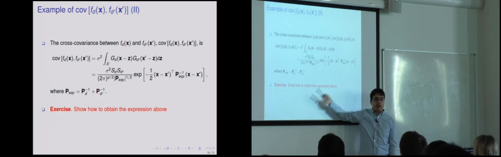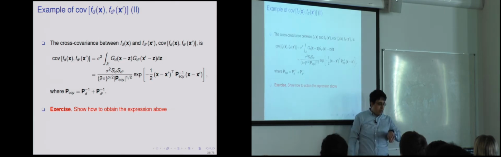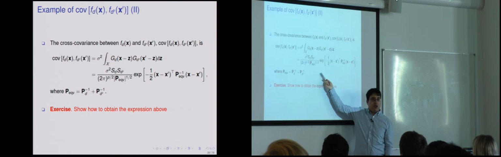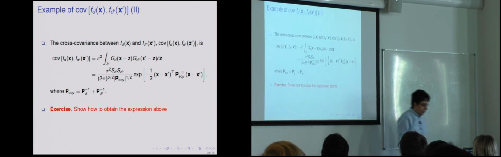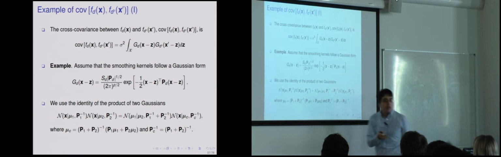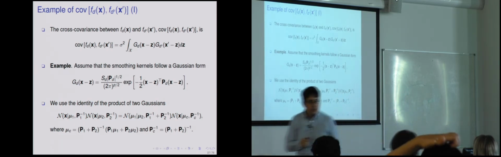As a little exercise for you, 5 or 10 minutes, please get to this expression by using the identity of the product of two Gaussians. Can you work on that, please? That's what we're trying to get to.